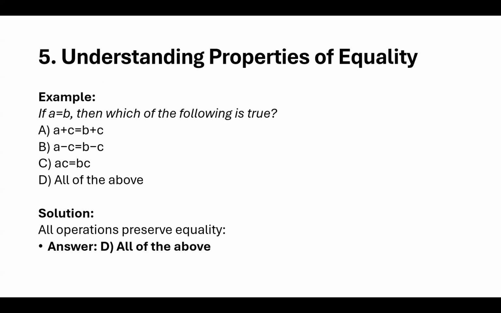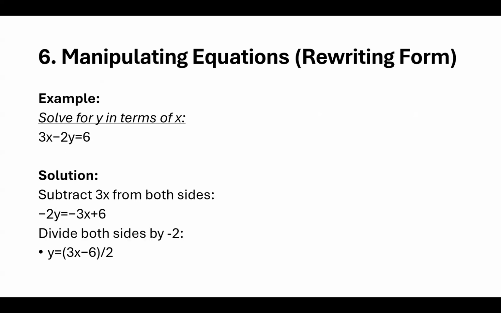Then the property of equality is still satisfied, right? So all the A option, B option, and C option are correct. All the operations preserve the equality of A and B, right? So this is important for understanding the property of equality.